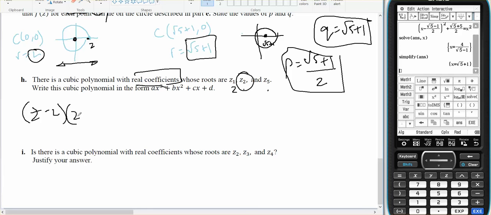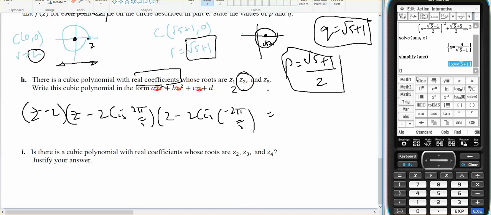Z2 is going to be Z minus 2 cis 2 pi on 5, and Z5 is going to be Z minus 2 cis of minus 2 pi on 5, and I wish to expand that out. Now I believe there's a little typo, they have to be Z's because we have roots with complex numbers.